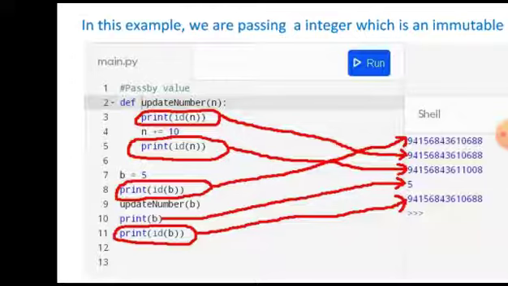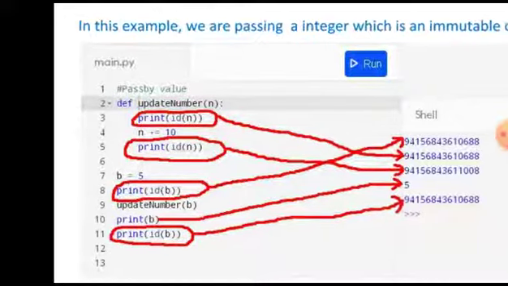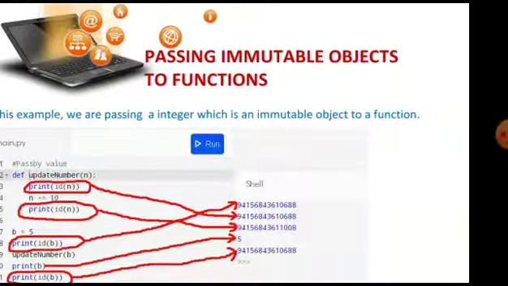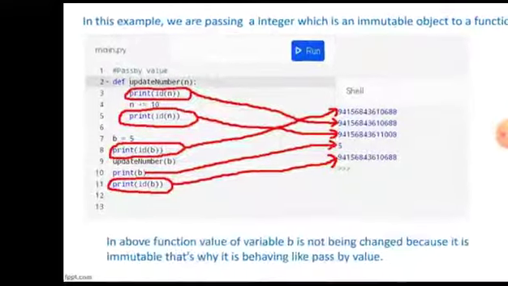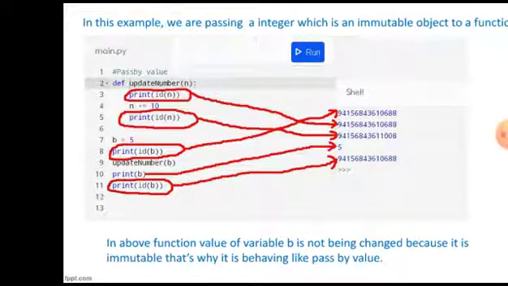So now it is clear that when you pass an integer or any immutable object to a function, like a tuple or a string also, then since all these types of objects are immutable, its original value will not be modified inside the function.